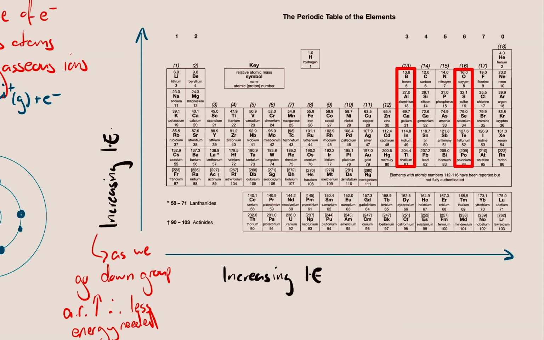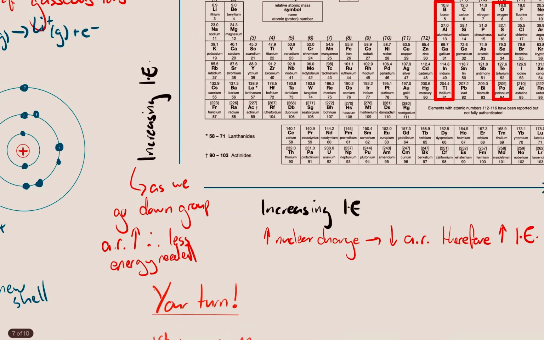So there, we've got increasing ionization energy because more protons or higher nuclear charge leads to lower atomic radius, therefore higher ionization energy.